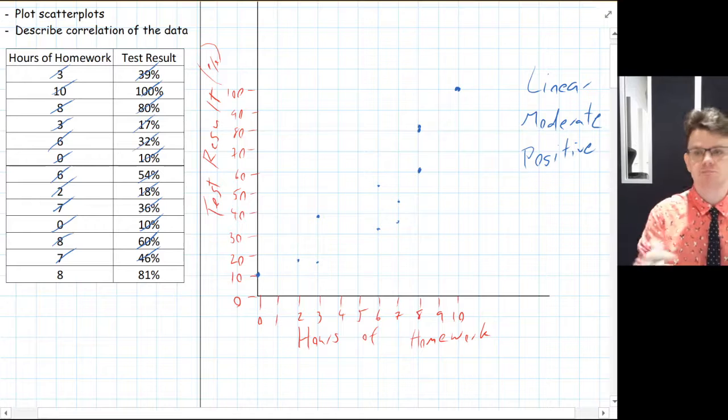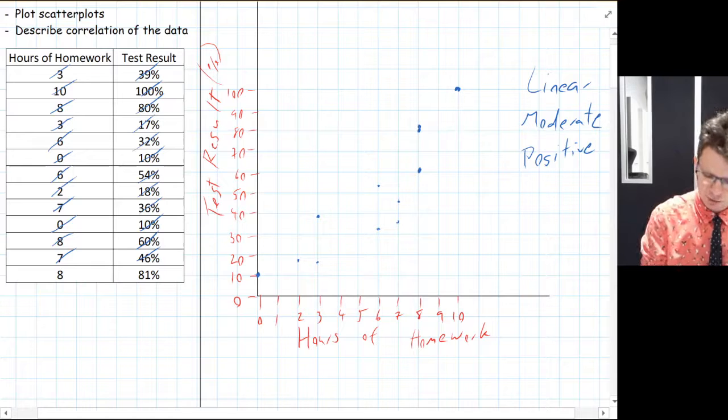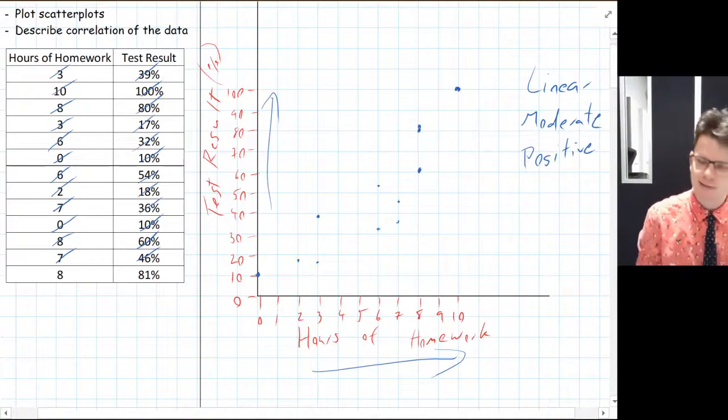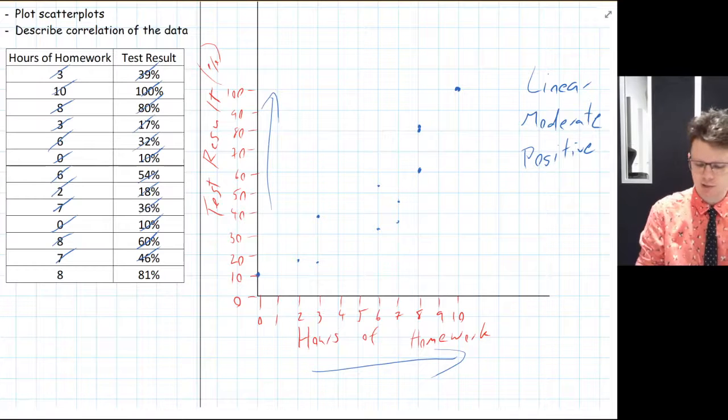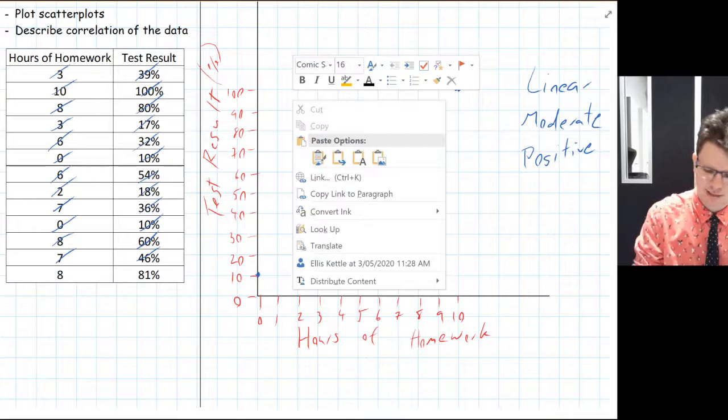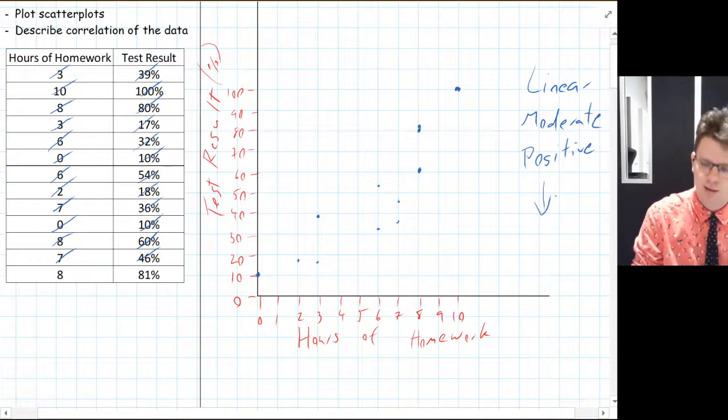Moderate means that there's a fair bit of evidence that it does actually work. And positive means that as you increase the hours of homework you do, you also increase the test result. That's what positive means, that as one increases, so does the other.